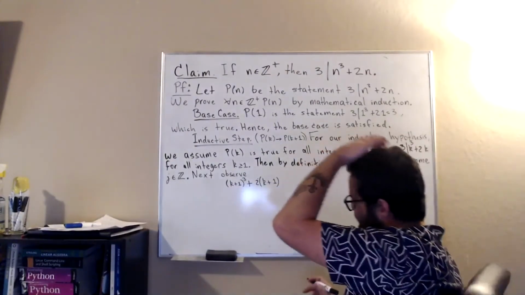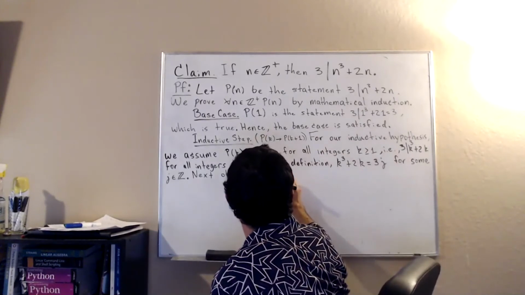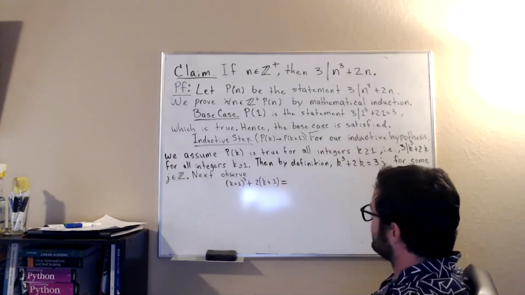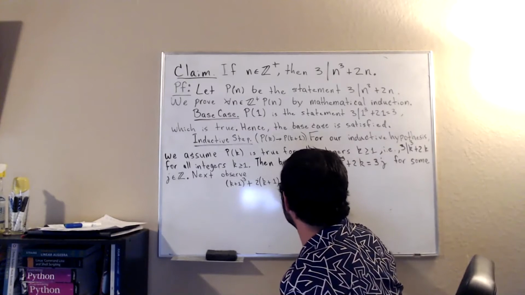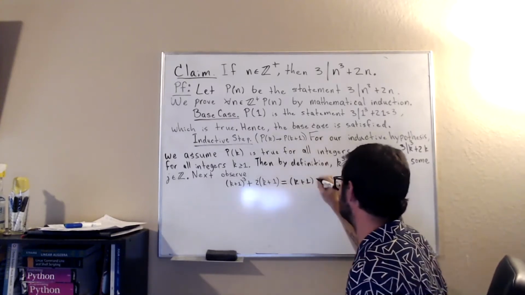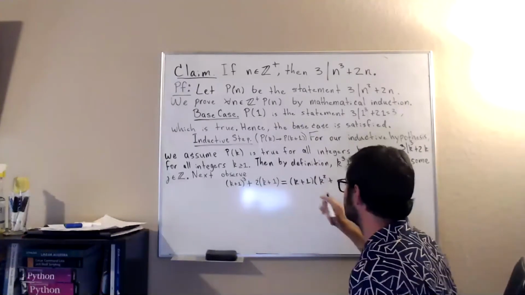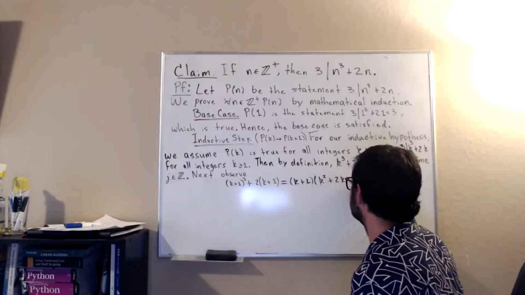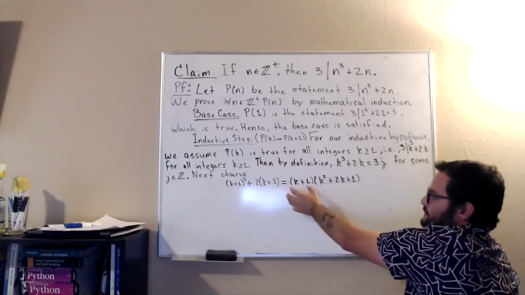Okay, so what is this equal to? This is going to take me a moment. I always forget the formula here for cubing something. So we get k plus 1 times k squared plus 2k plus 1. I did the squaring first, and then distribute that in there.